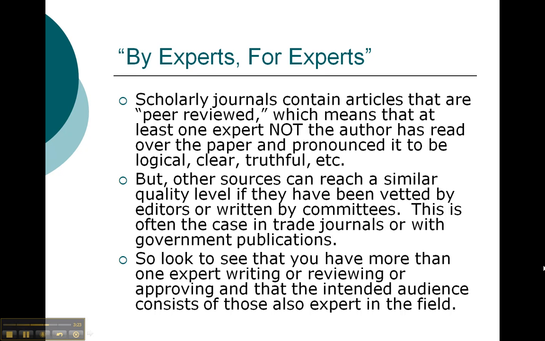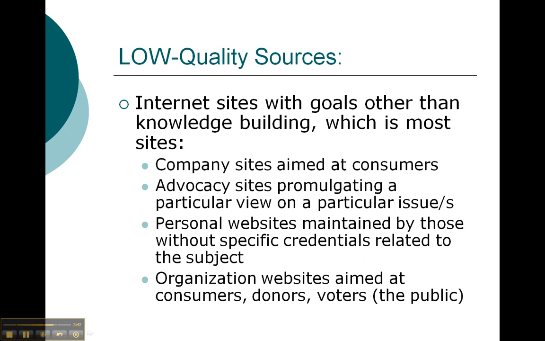This is often the case with the trade journals and the government publications. So if you have more than one expert writing or more than one expert reviewing, and the intended audience is experts in the field, there you have definitely something that's by experts and for experts. You always can ask the instructor involved to be sure.